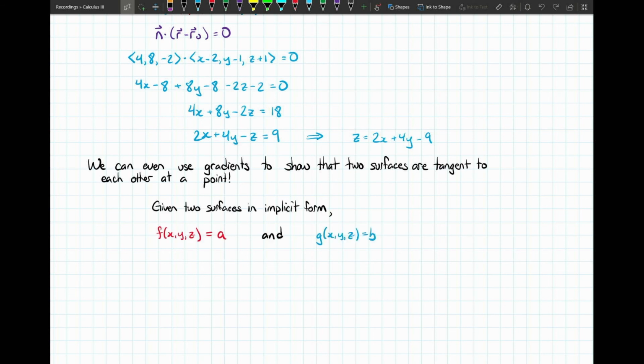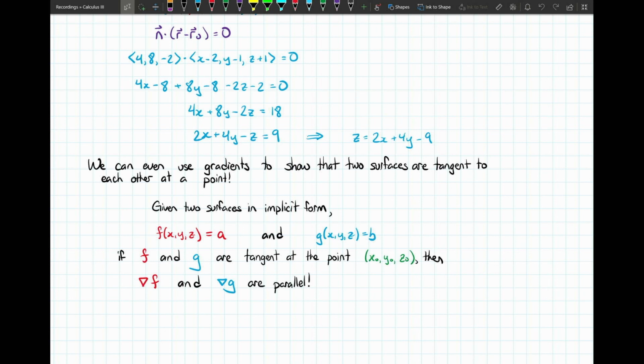Maybe f(x, y, z) equals a constant a, and our other surface, g(x, y, z) equals some constant b. Now, if they are tangent to each other, then they both have the same tangent plane. If that's the case, then the gradient of f and gradient of g are both orthogonal to that plane and must be parallel to each other.